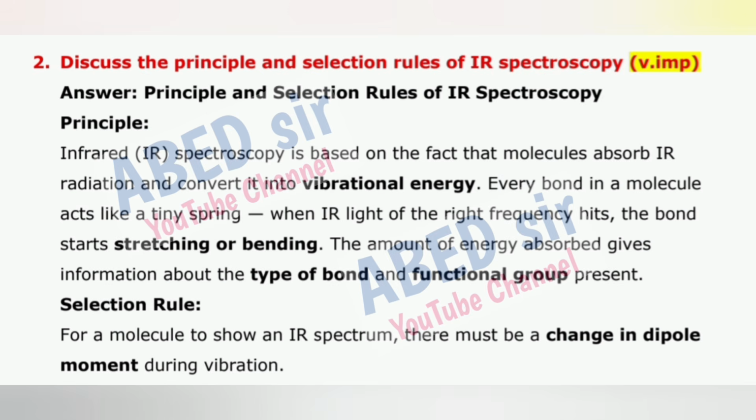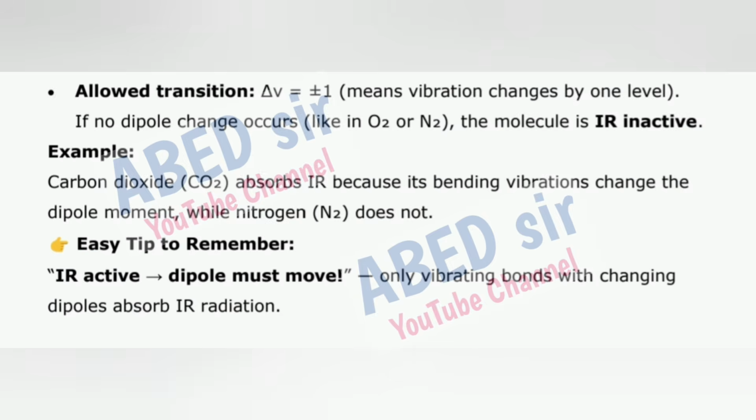Selection rule: for a molecule to show an IR spectrum, there must be a change in dipole moment during vibration. Allowed transition, delta V is equal to plus or minus 1, means vibration changes by one level. If no dipole change occurs, like in O2 or N2, the molecule is IR inactive.